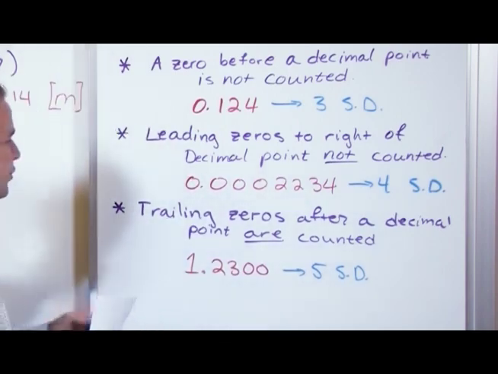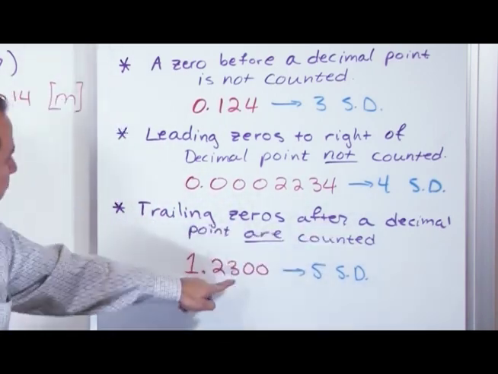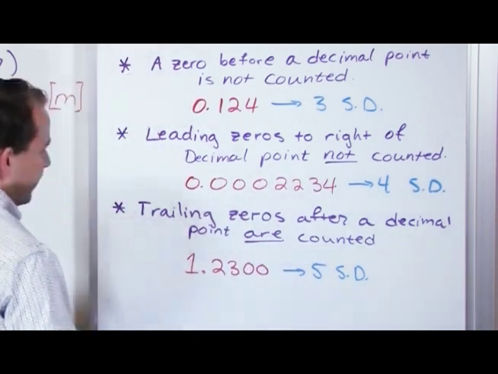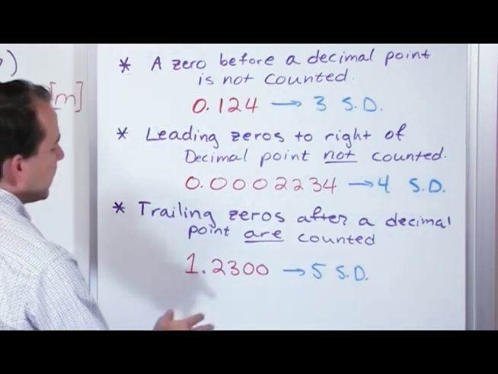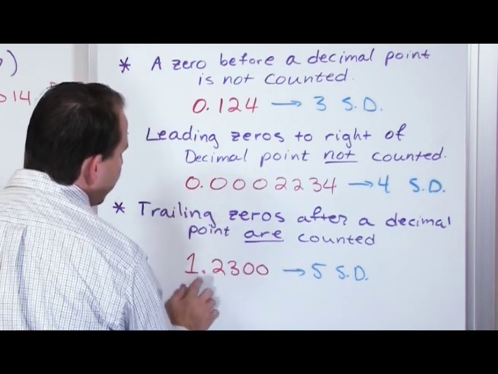Now, you can just memorize the rule, trailing zeros. These are called trailing zeros after a decimal point, right? These are counted. The reason they are counted is because there's some value in having these here. In other words, I don't really have to put these zeros here. I can cover them up and just put 1.23.